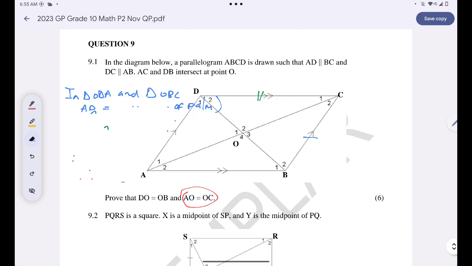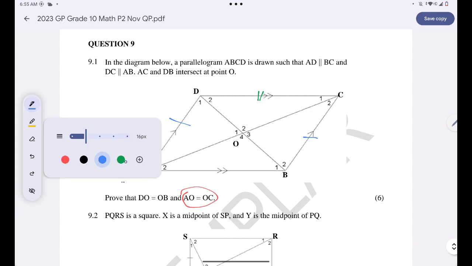Okay, for the second part, now I'm supposed to show that OA and OC are the same. I'll go through the same route, guys.